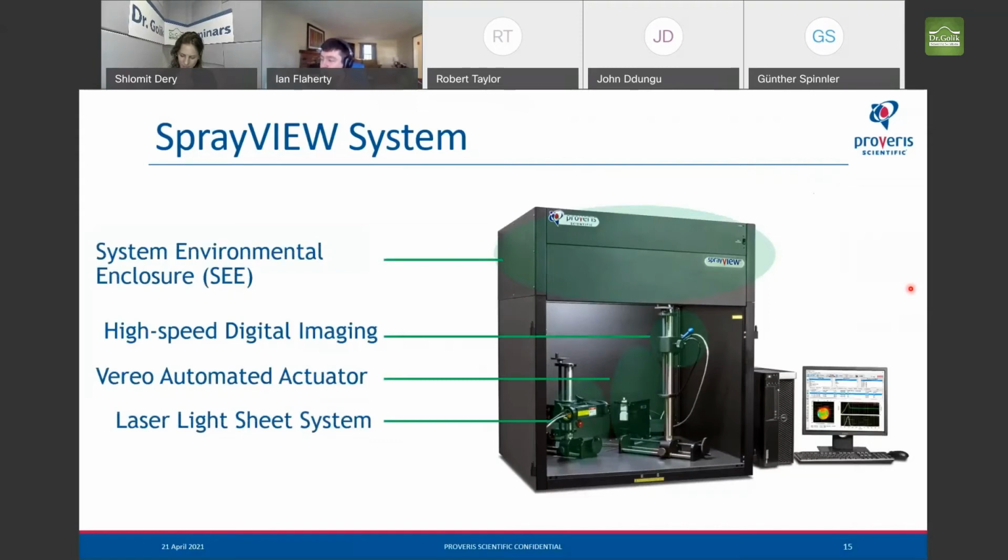So depending on the device type that you're using, there might be a different version of the Vereo in there. Right now it's shown with nasal spray with our Vereo NSX actuator. And then we have a laser light sheet system, which is just a semiconductor laser that basically illuminates different planes of the spray and allows the camera to image it. Everything is run from our Vereo software.